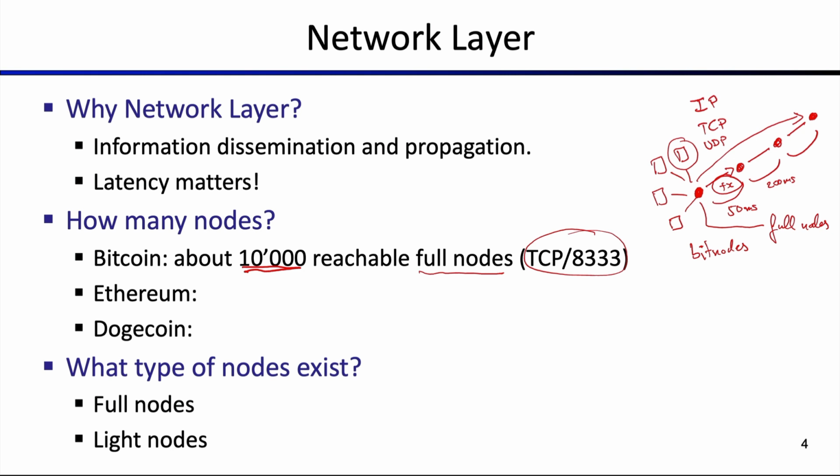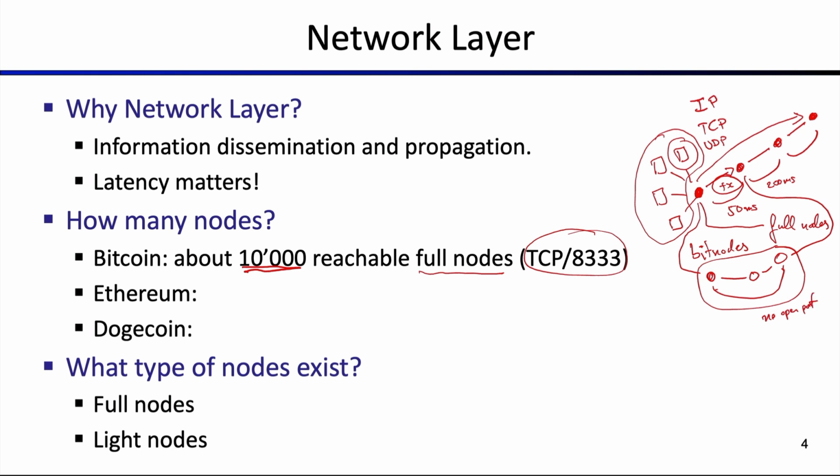Now the tricky part is we don't really know how many of these lightweight clients there are. And obviously there can also be full nodes that are not exposing their IP. They can still be connected to these different nodes, but let's assume I draw them in a shallow circle, connected somehow in this graph, maybe like this, and they are not exposing any TCP port, so no open port.